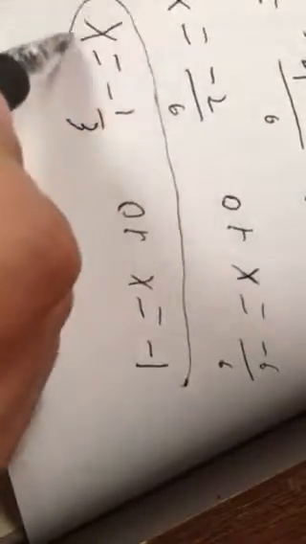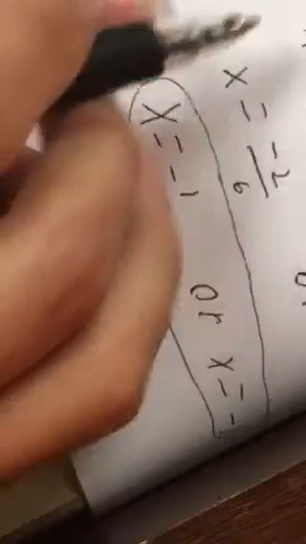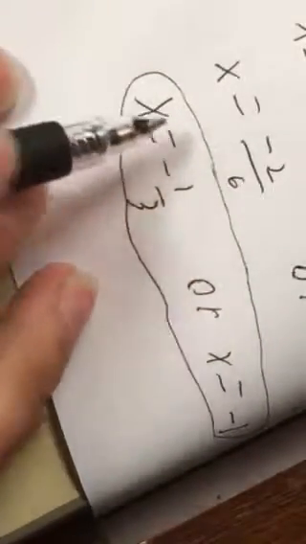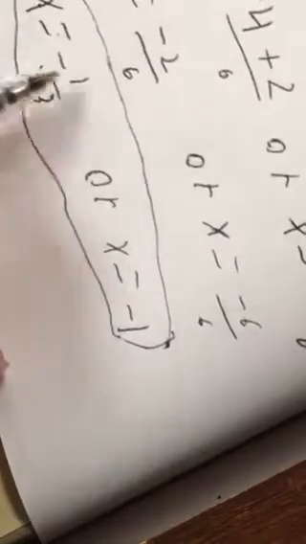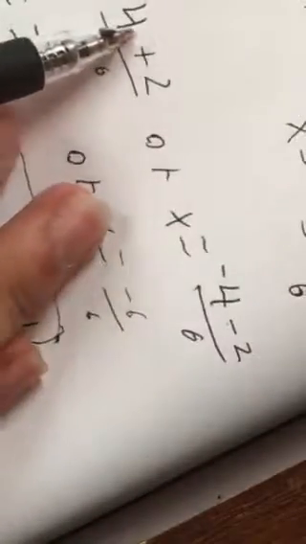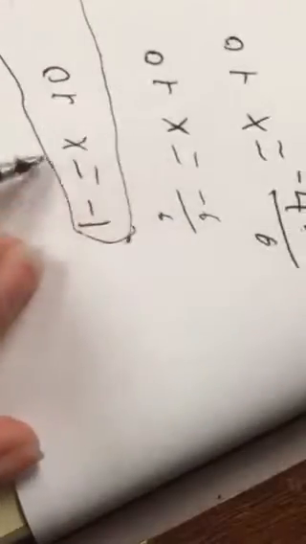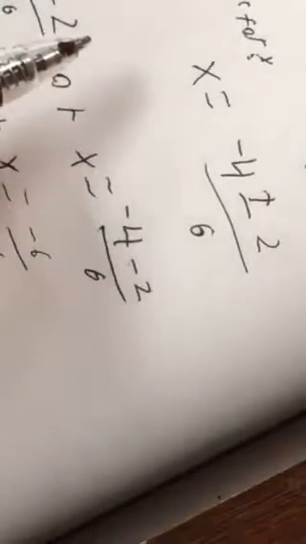And those are your answers. So x can either be negative 1 over 3 if the equation is positive, or x can be negative 1 if the equation is negative. There's probably some fancy term, but I can't remember it.